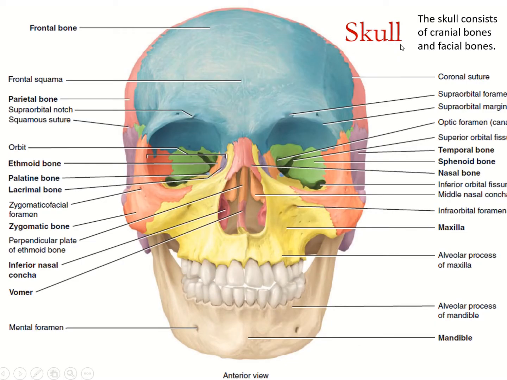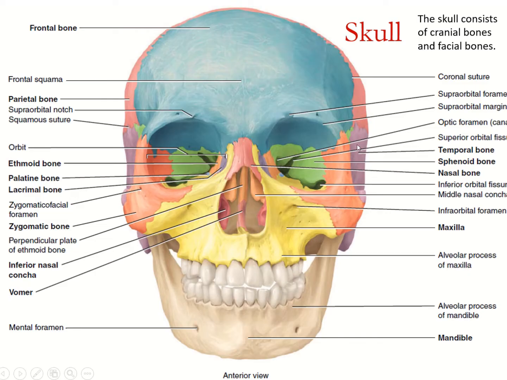Here is a picture of a skull in an anterior view. The skull consists of cranial bones and facial bones. The 8 cranial bones make up the crown, the upper part of the skull, and we have the facial bones over here. So we have the frontal bone here, the parietal bone, the temporal bone.